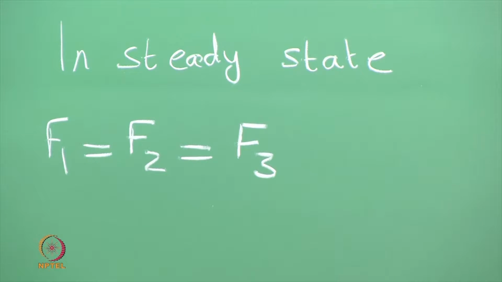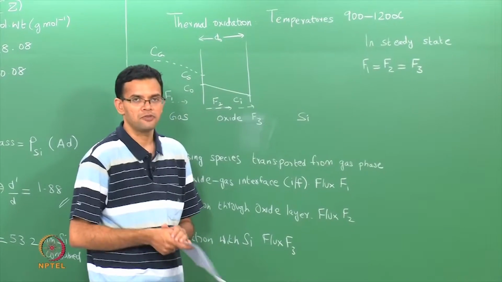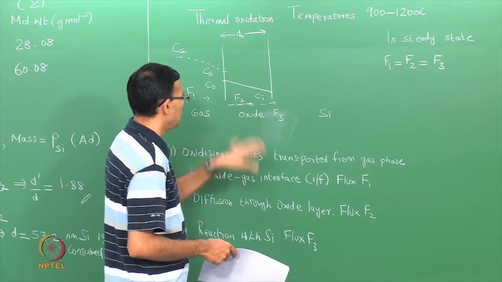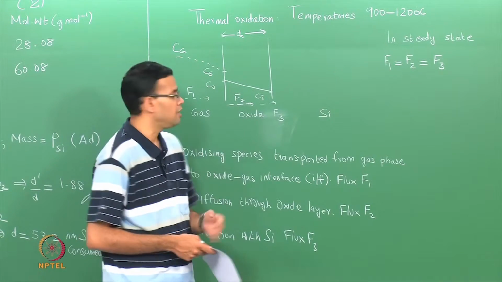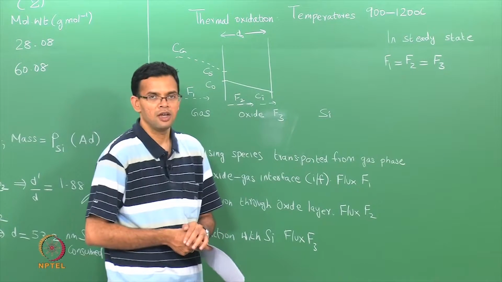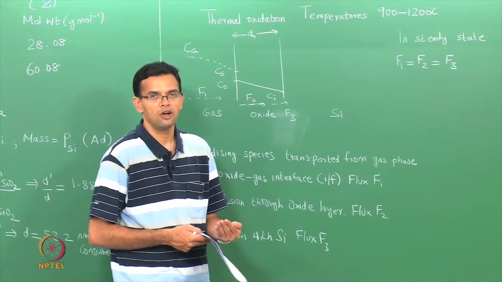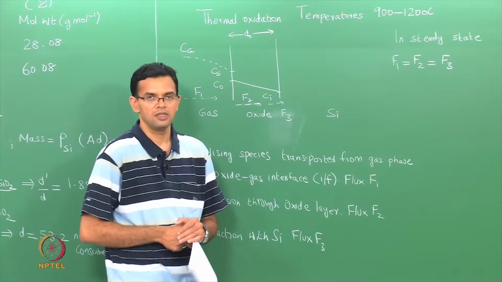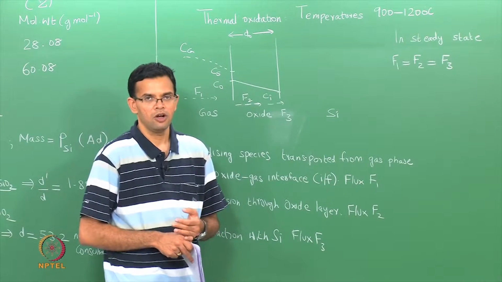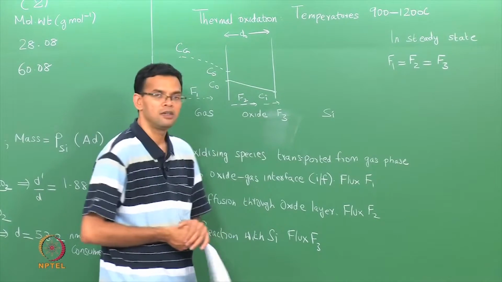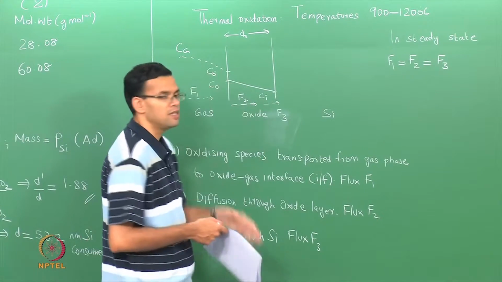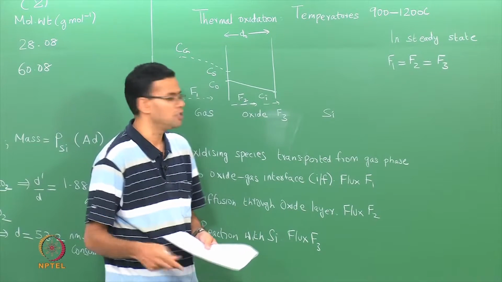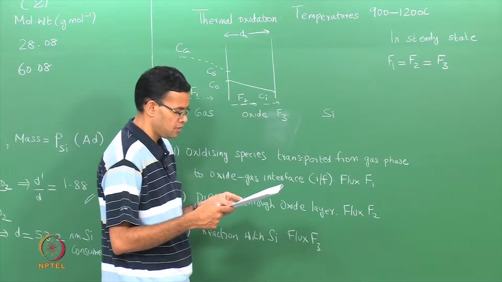So that whatever species diffuses from the gas phase to the gas oxide interface gets dissolved in the oxide and then diffuses to the interface, where it reacts with the silicon in order to form SiO2. One of the assumptions of the model is that there is no dissociation of the species in the oxide, so that whatever is in the gas phase gets directly transported or directly diffuses across the oxide to the interface.